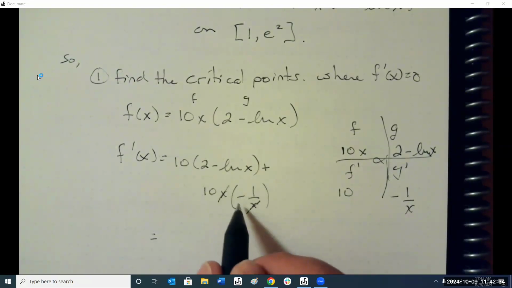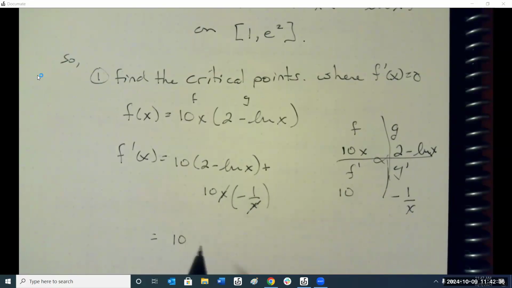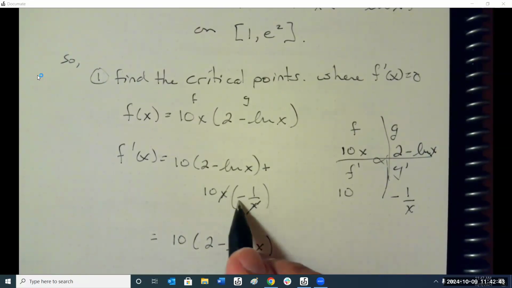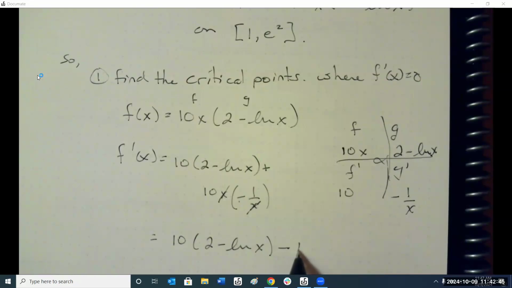The x's here cancel. So it's 10 times 2 minus ln x, that changes that to a minus 10.